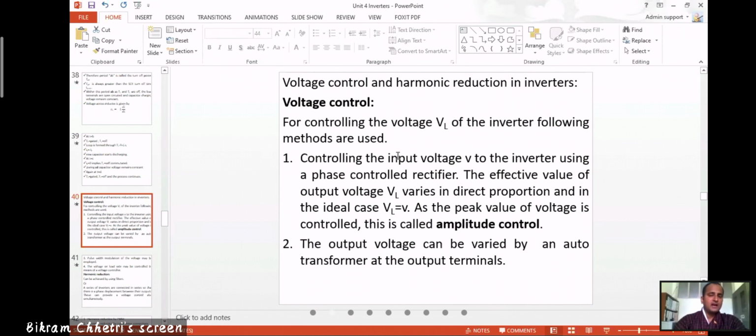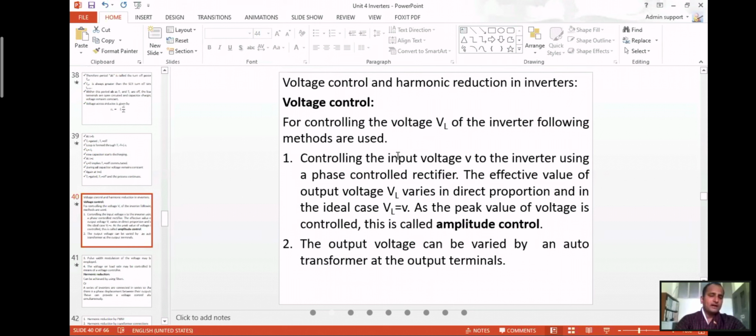These things are quite important if you analyze the HVDC, high voltage DC system, because we are using all these different types of converters. The input is AC, and we convert this AC into DC. Again, this DC is transmitted in a DC transmission line, and at the receiving end we convert this DC into AC. So we can control the voltage at the input itself using the phase control rectifier, converting the AC into DC. The controlling mechanism can be possible here itself.